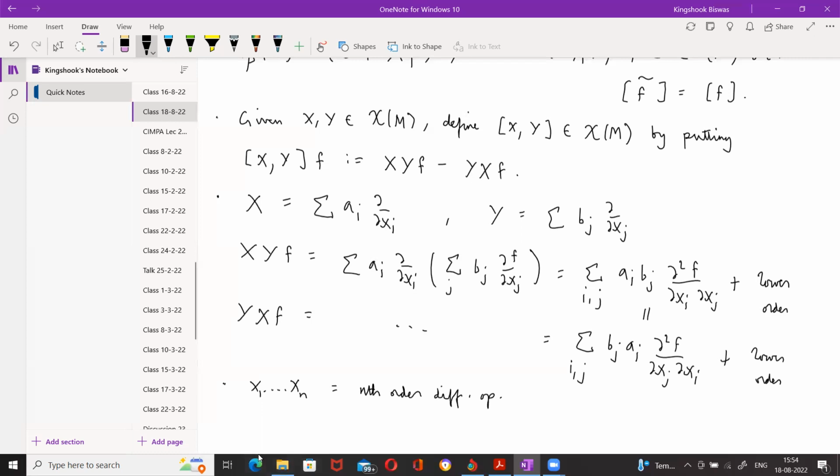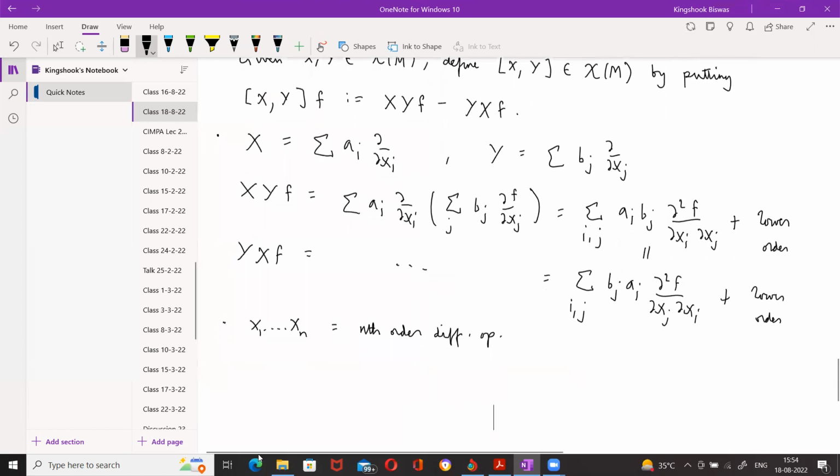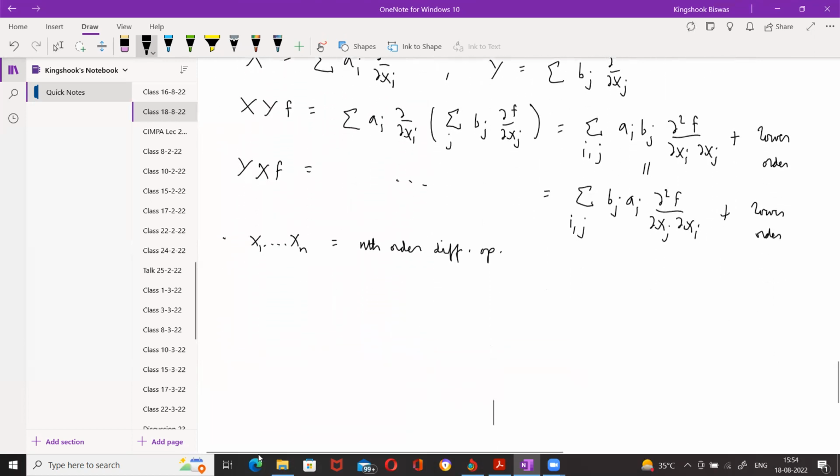You can actually take the universal enveloping algebra of the space of vector fields, which becomes an infinite dimensional Lie algebra with its Lie bracket.